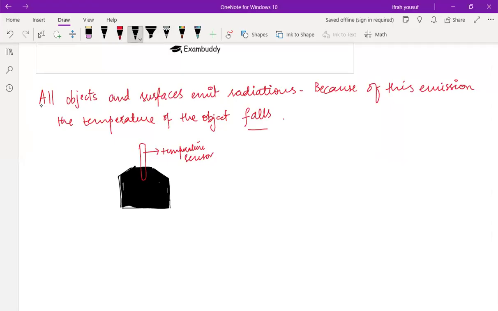And over here, we are going to have a shiny surface or shiny tin, right?